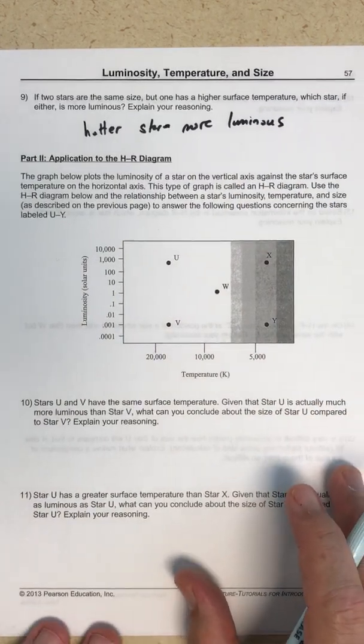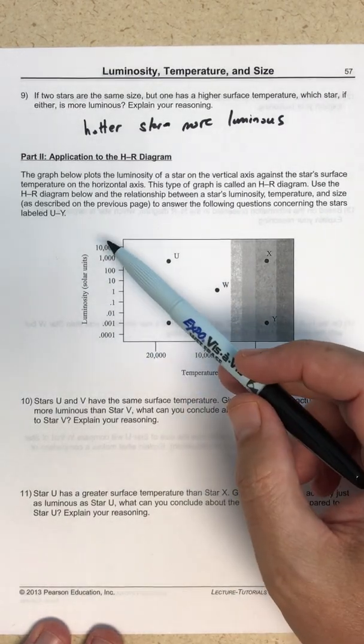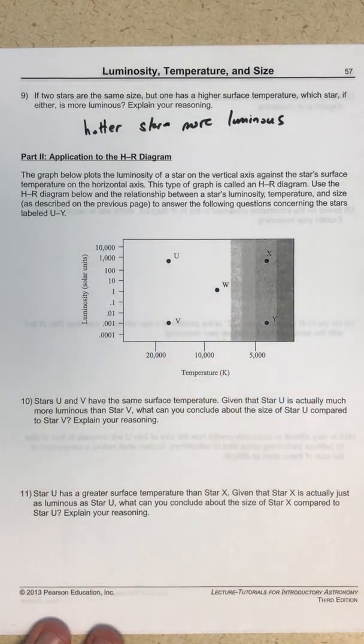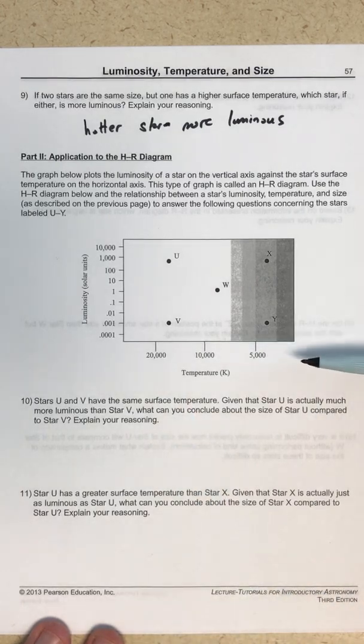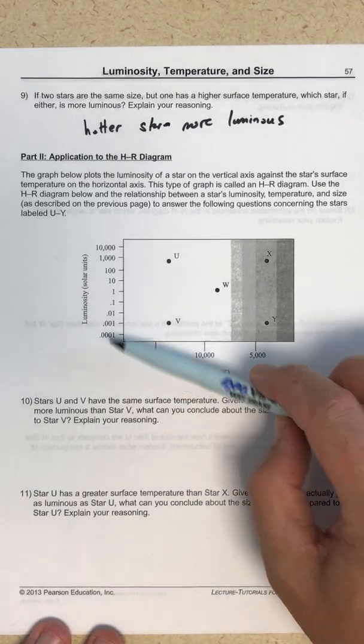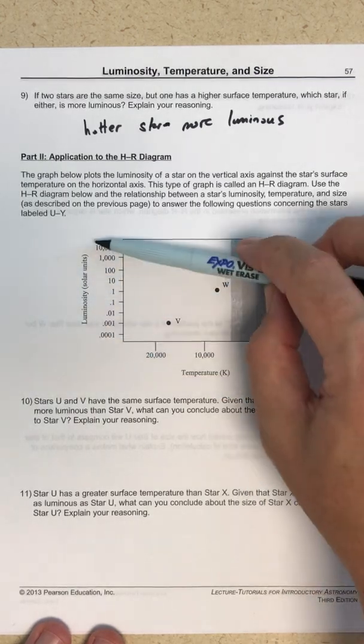All right, so now let's go to our Hertzsprung-Russell diagram, HR diagram. The graph below plots the luminosity of a star on the vertical axis against the star's surface temperature on the horizontal axis. And remember, in HR diagrams, temperature goes backwards. So luminosity makes sense. It goes from lower to higher as you go up.